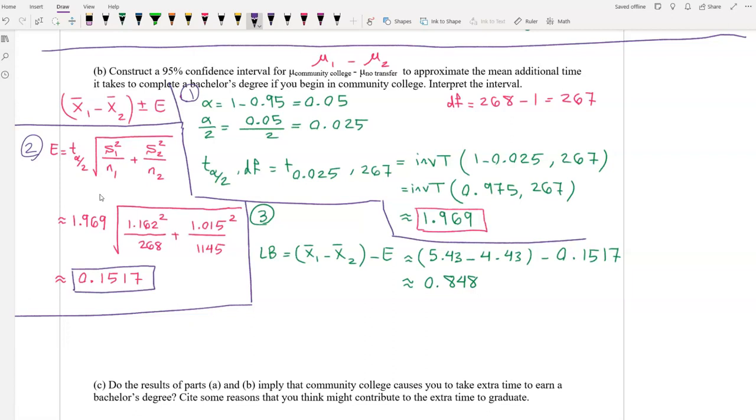And for the upper bound, find the difference between the sample means and then add the margin of error.